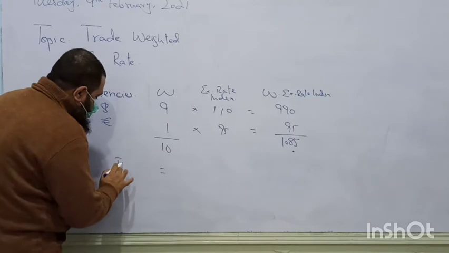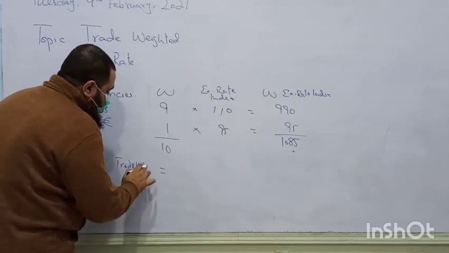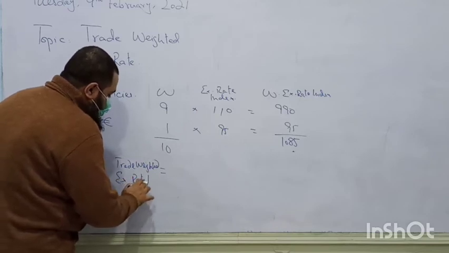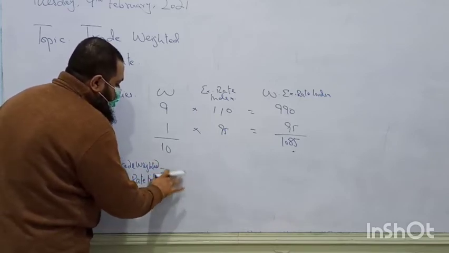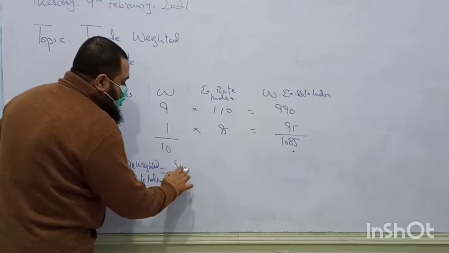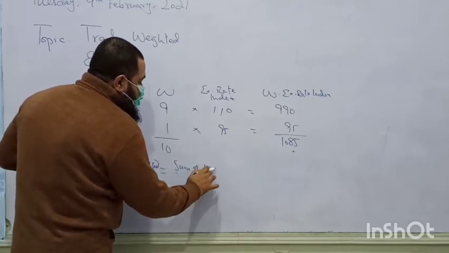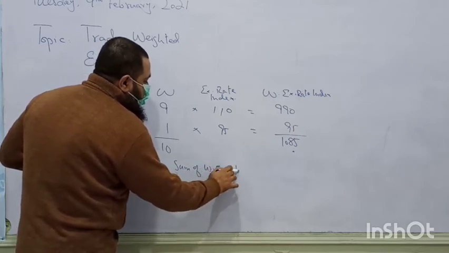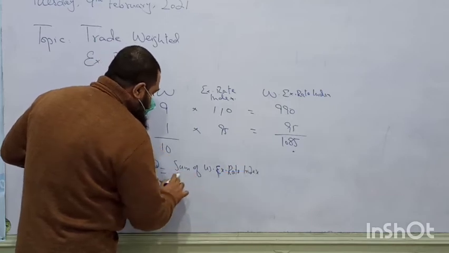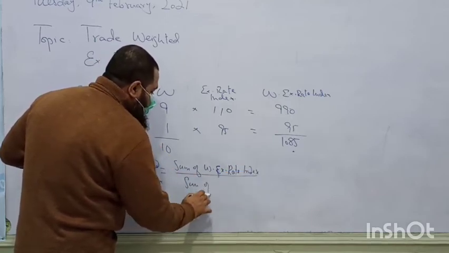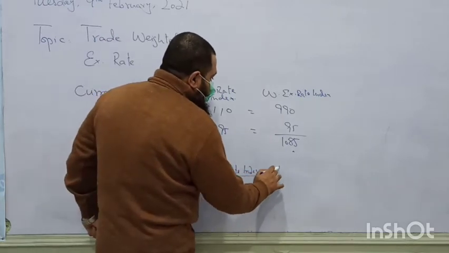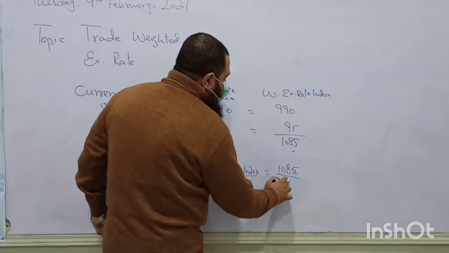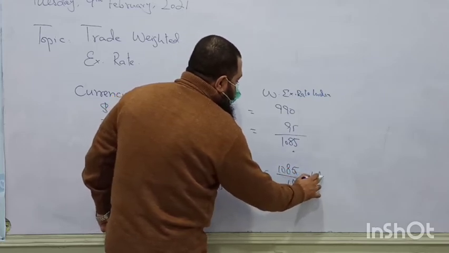So the trade weighted exchange rate index is the sum of weighted exchange rate indices divided by the sum of weights. So that will be 10850 divided by 100, which is 108.5.